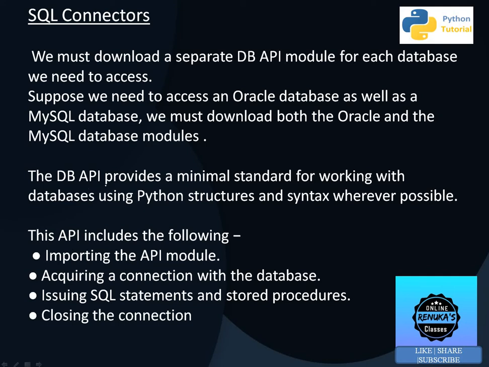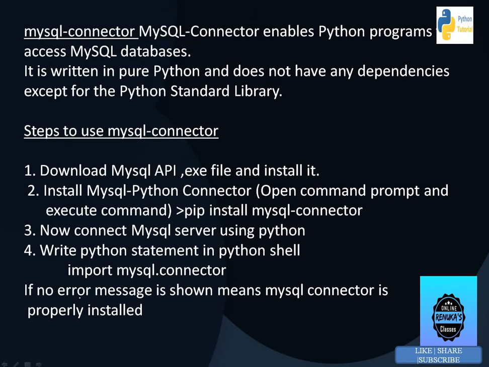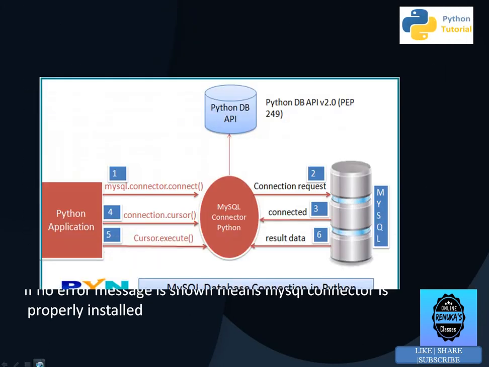First, the database connector will be downloaded. Then there are 4 steps for maintaining a connection. First, import the API module, then acquire a connection, then issue SQL statements, and then close the connection. With the help of a simple program, we can see how all these 4 steps will work.